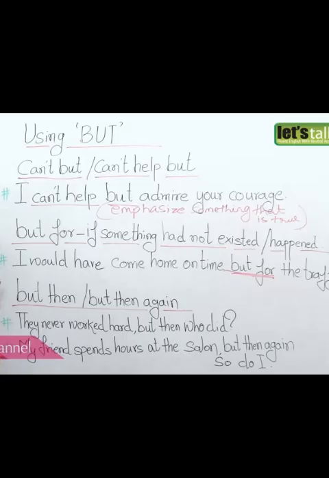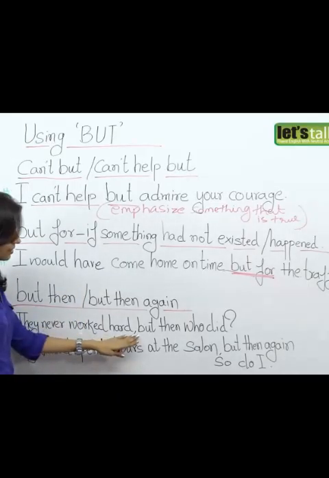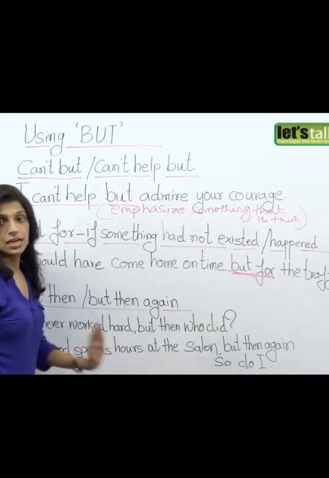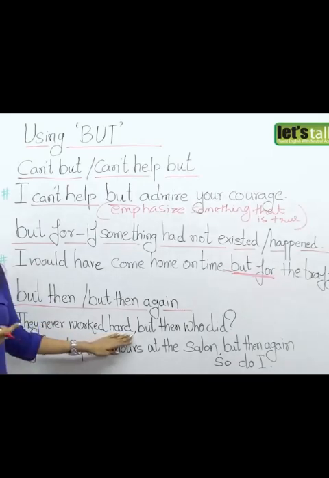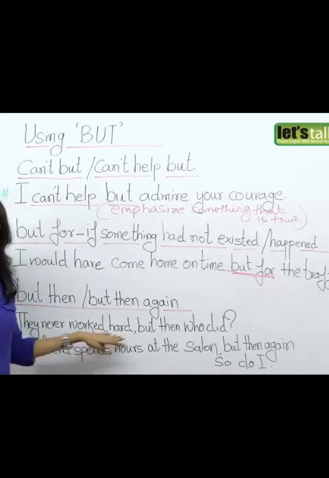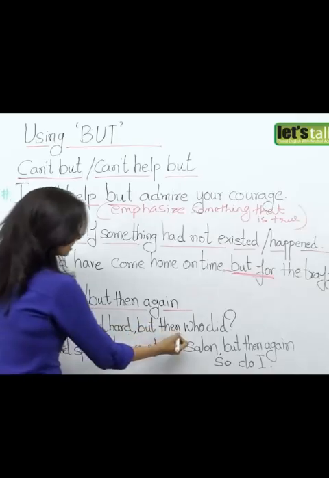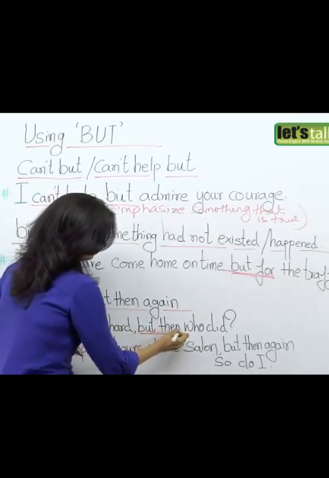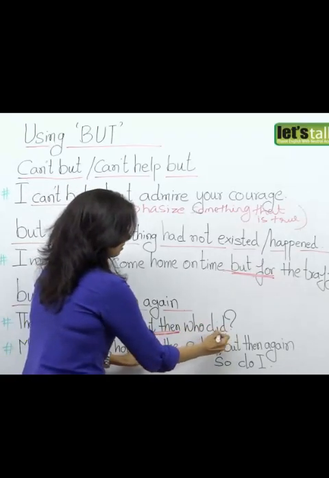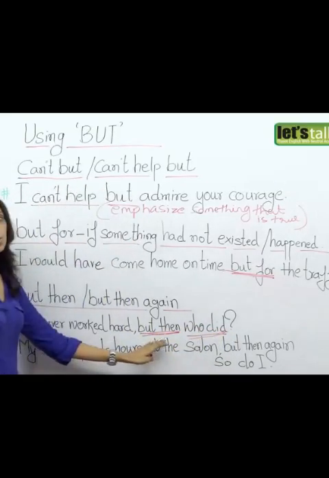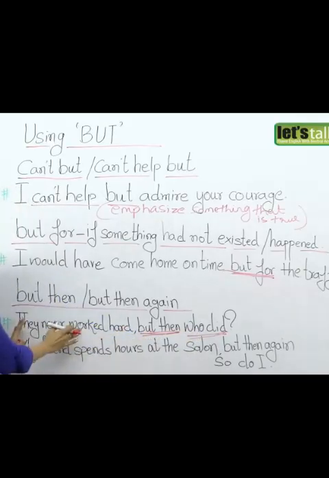Alright? In the next sentence, but then and but then again. Now let's take a look at but then. In the example here, they never worked hard. But then who did? Now in my first part of the sentence, they never worked hard. It's kind of a complaint. I'm not really happy about it. They never worked hard. When I use but then, I'm using it because I'm making a remark in the second part of my sentence, who did, which is slightly contradictory to this.